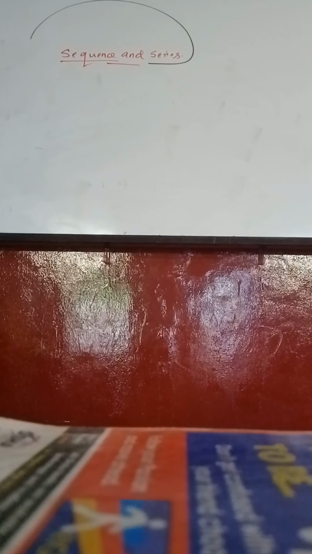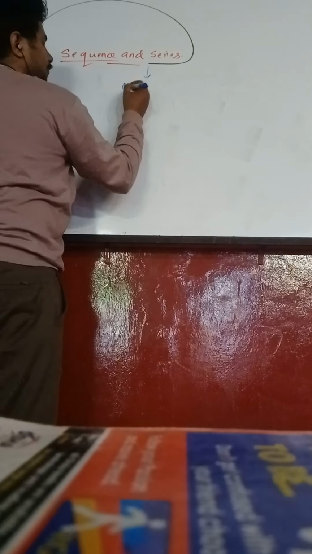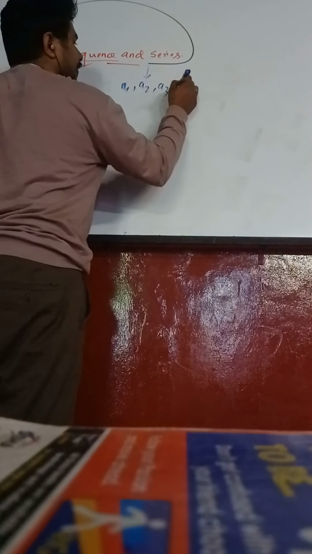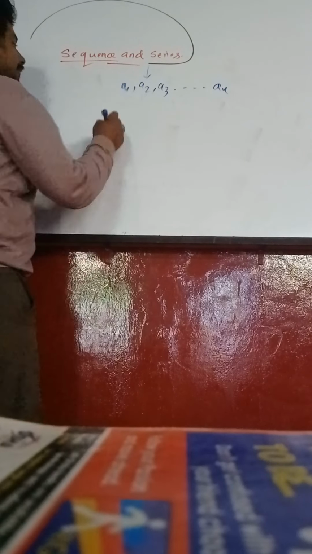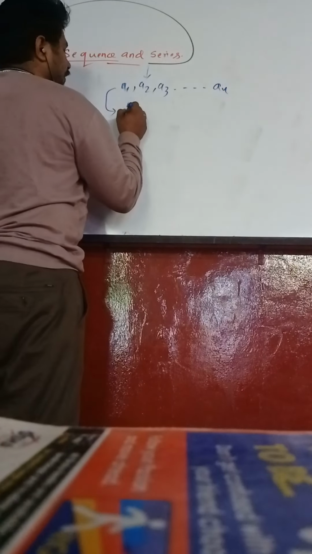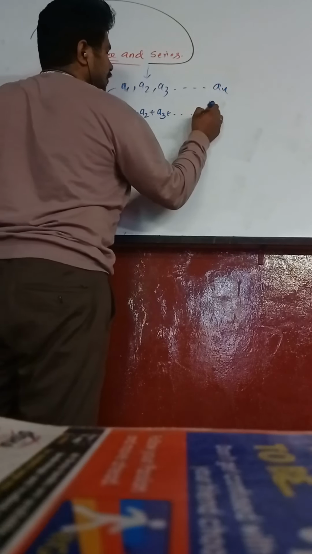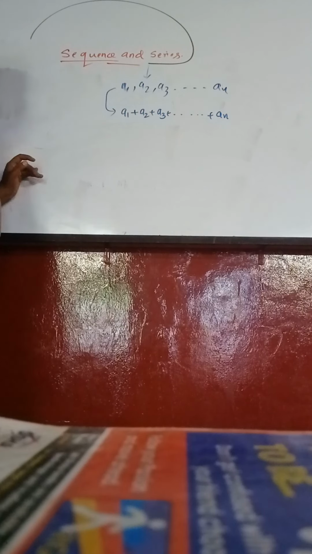So what is a series? If we have A1, A2, A3 up to AN as a sequence, then the series is given by A1 plus A2 plus A3 plus, etc. plus AN.